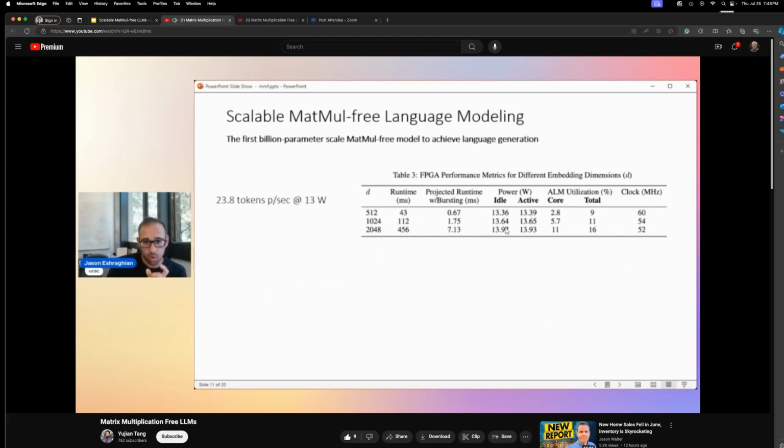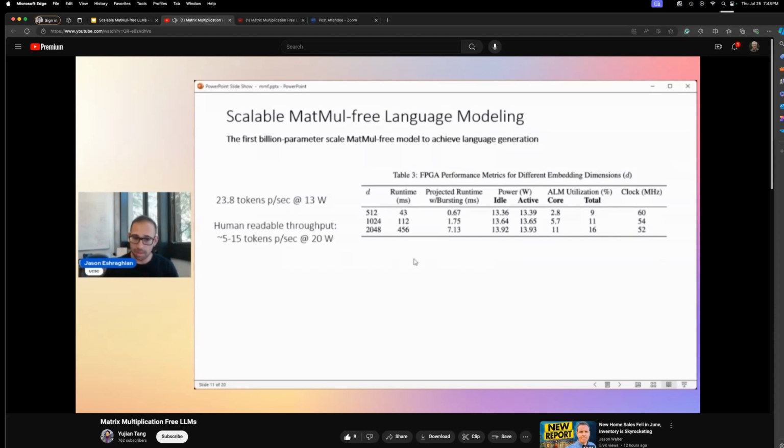What we're getting is 23.8 tokens per second at 13 watts. In contrast, the brain operates at 5 to 15 tokens per second at approximately 20 watts. That's what it takes for me to talk about MatMul-Free through StreamYard.